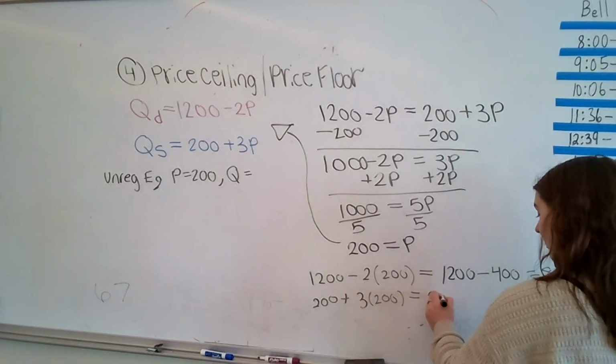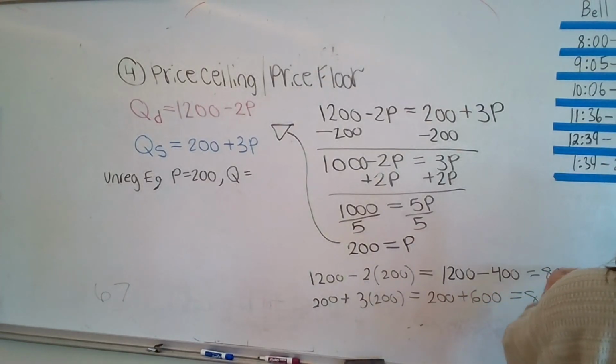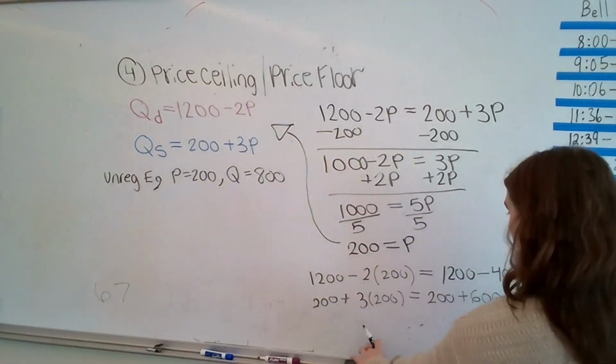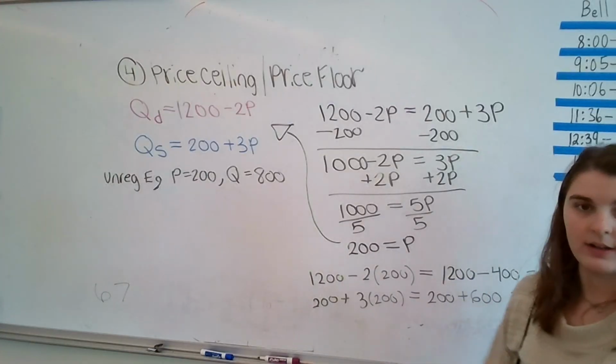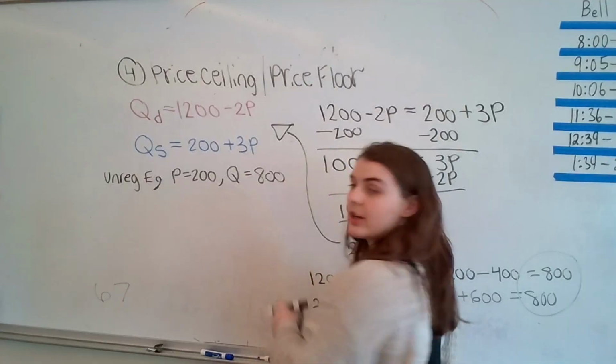That's 200 plus 600, and that's 800. There we go. Quantity, 800. So in our unregulated market, we stand at a price of 200 and a quantity of 800.